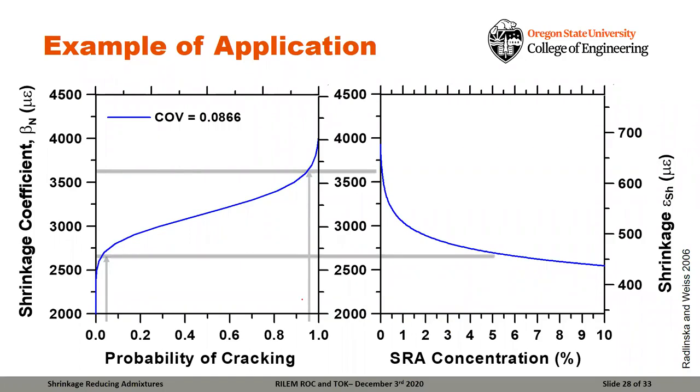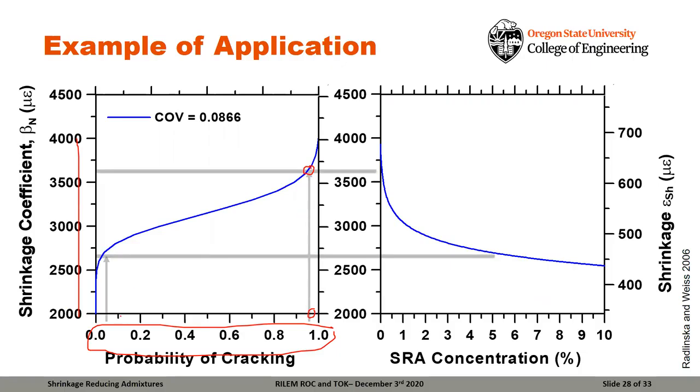The basic idea here is we've run those Monte Carlo types of simulations to simulate the probability of cracking for mixtures containing different amounts of shrinkage reducing admixture, or different overall shrinkage strains in the overall system. So in a plain system, maybe we're way out here, where we have a 95% probability of cracking.